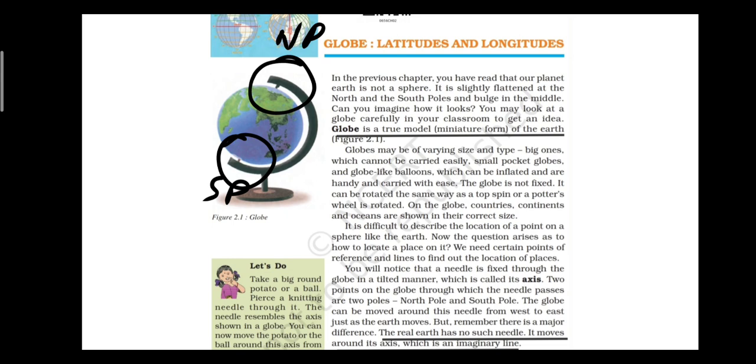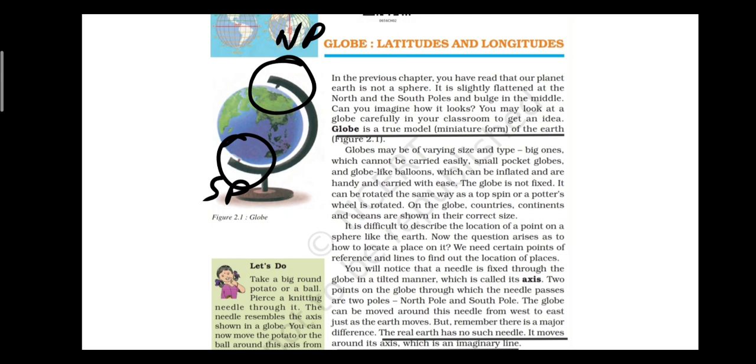And some globes come in the shape of a balloon. How we inflate a balloon by putting or blowing air into it. In the same way, there are some globes which are in the shape of a balloon. We can blow air into it and then we can use it. After using, we can deflate it and then we can reuse it again and again.